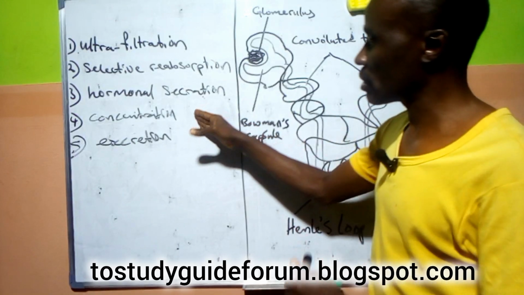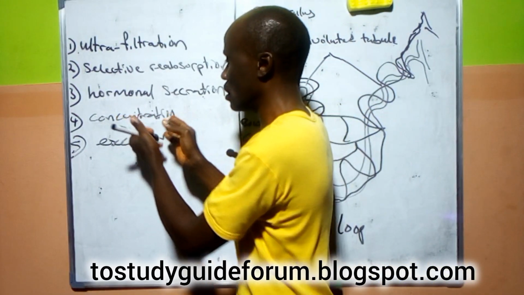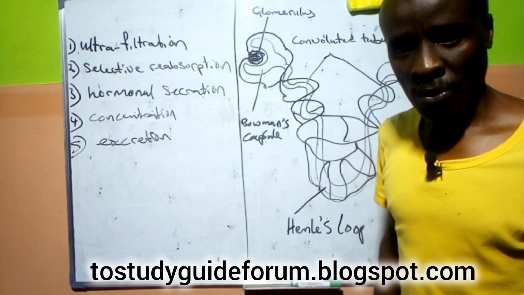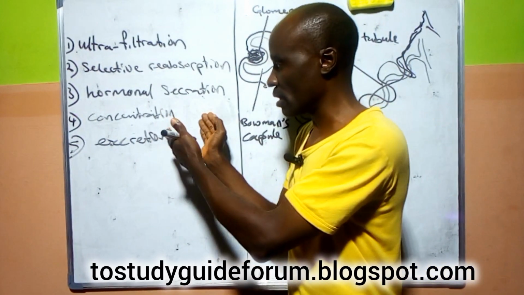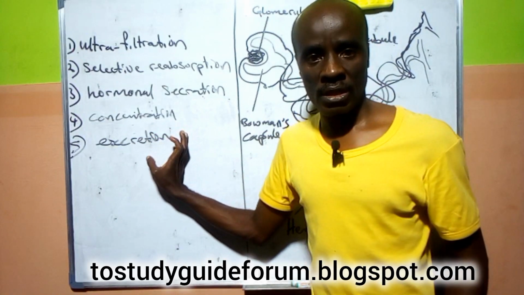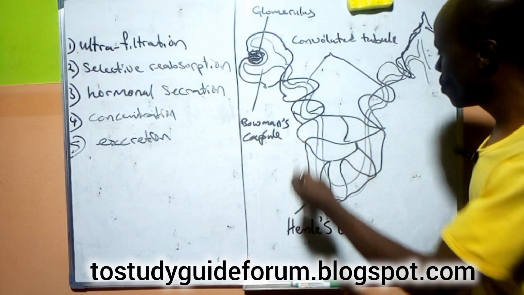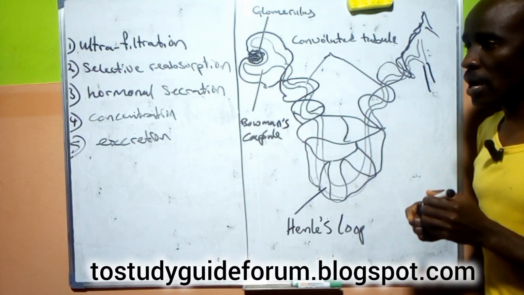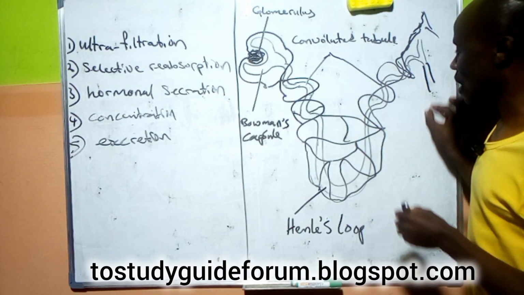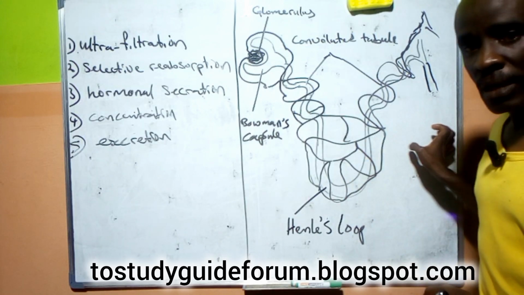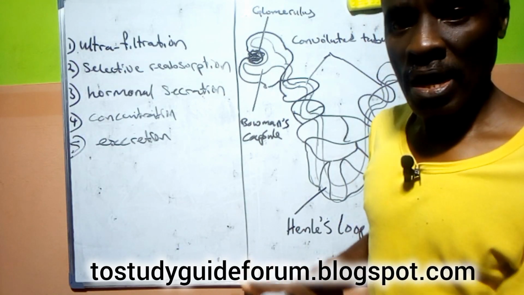That is what happens here. Then, during this concentration process, the urine itself is moved down to the final process. It passes from here, moves down, and is collected at the ureter. The ureter will take it down to the bladder, and from the bladder to the urethra, where it passes out.